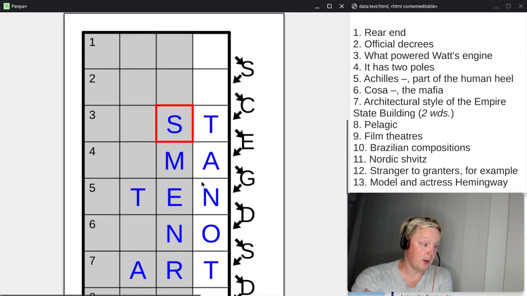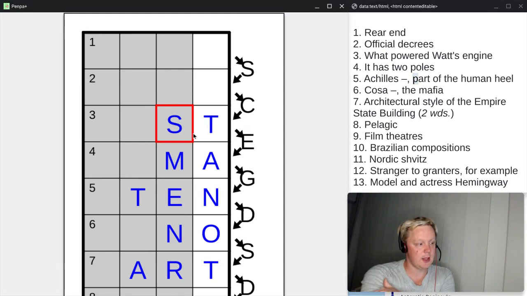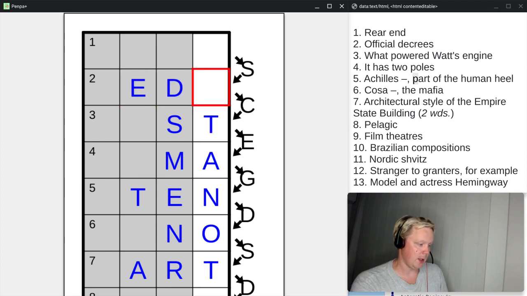And we have a couple of answers left. Official degrees ending in CTS is going to be edicts, EDI ending here. And now just the one left.